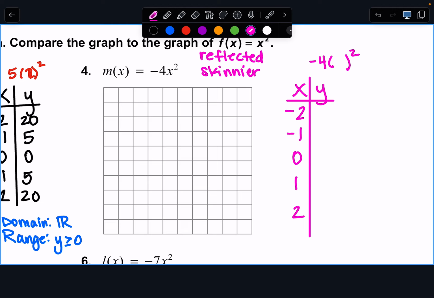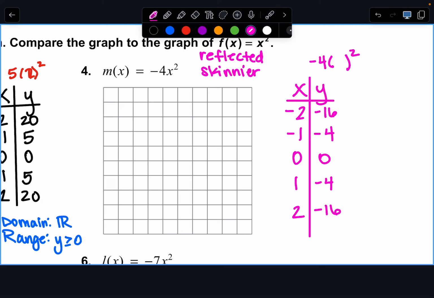All right, -4 times -2 squared. What do we get? -16. -1 gets us -4, 0, and then we have symmetry here, right?